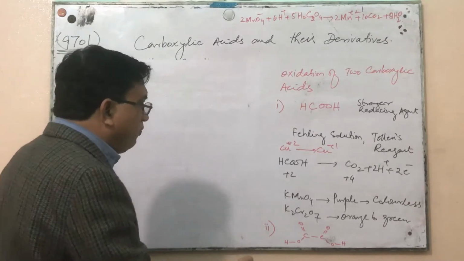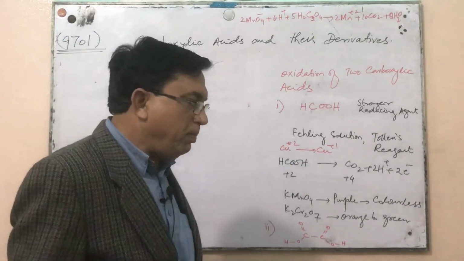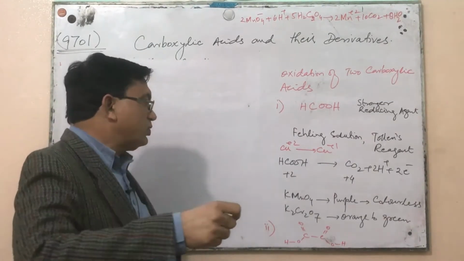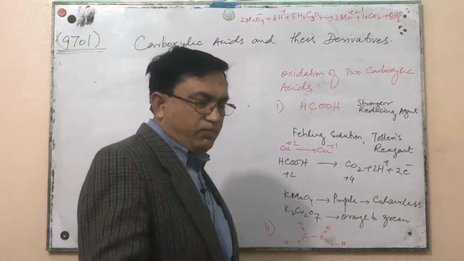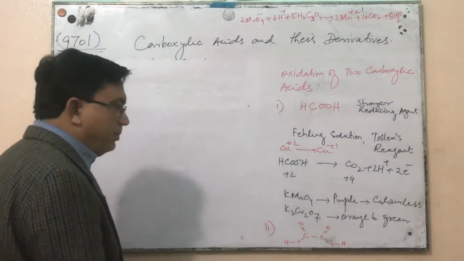First the purple color of the KMnO4 solution decolorizes rapidly, and at the end point one single drop of KMnO4 solution produces a pink color in the whole solution; that is our end point.